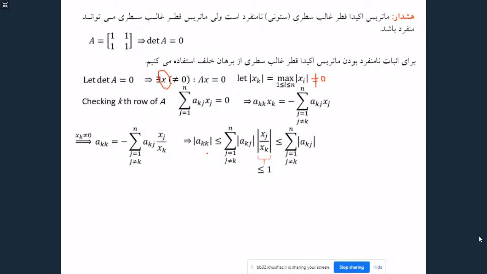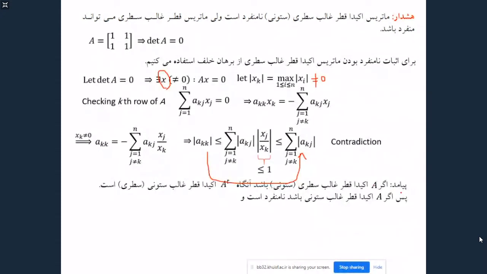So we can write the summation over j from 1 to n, j except k, of |a_kj|. It's a contradiction because we assumed the matrix is strictly row diagonally dominant. So we have a corollary here.